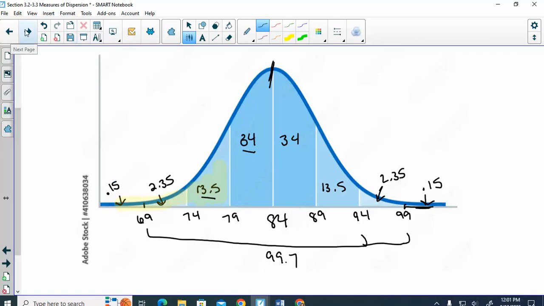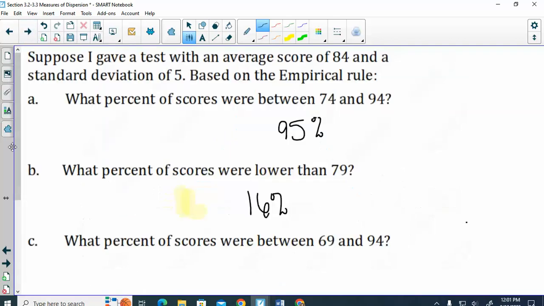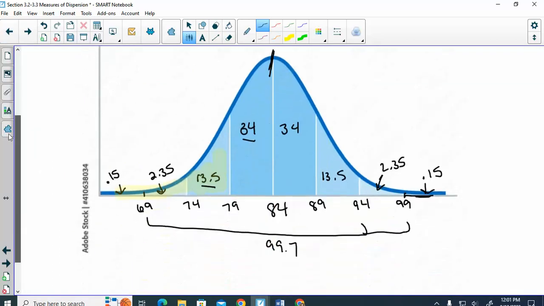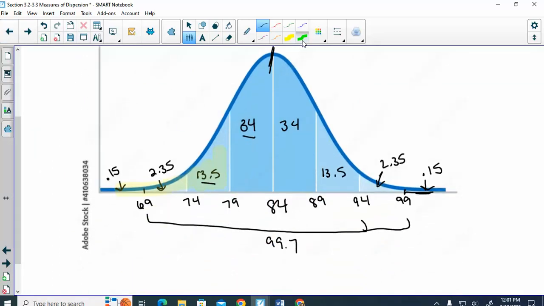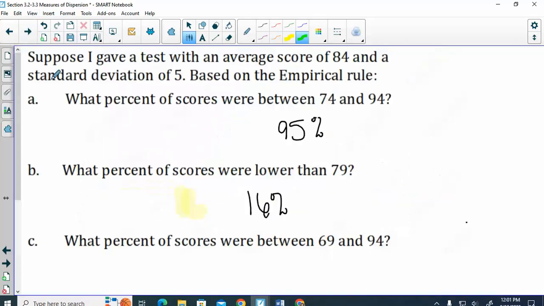All right, final question. We had to find what percent were between 69 and 94. There's another question after. So 69 to 94. So basically you add all those, and what do you get? 97.35?